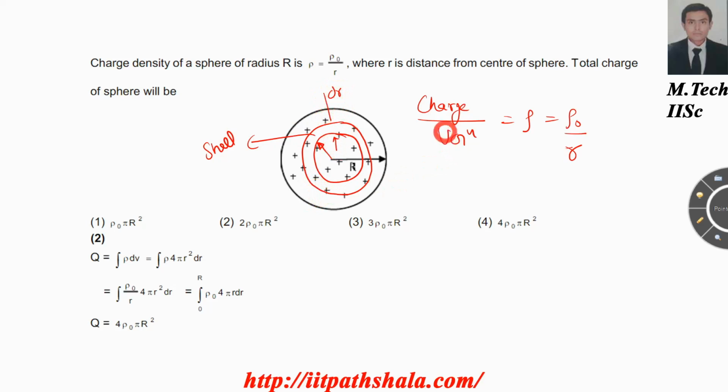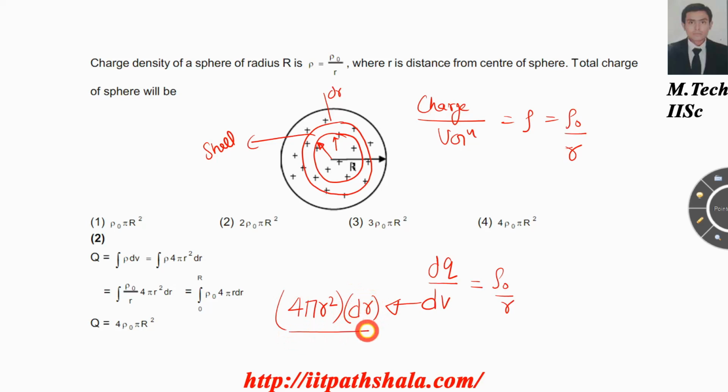So now I have taken a small charge. I've considered a very small volume, which is this shell, with charge density rho naught upon r. The volume of the shell will be the surface area of the shell, which is 4 pi r square, multiplied by the thickness.